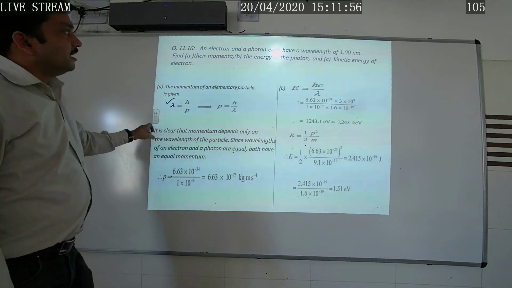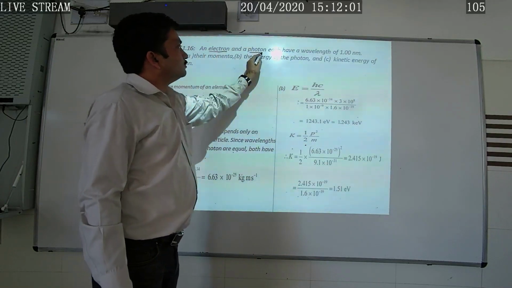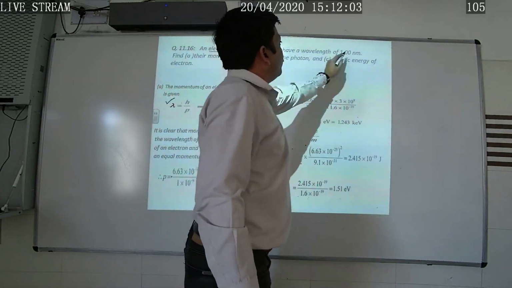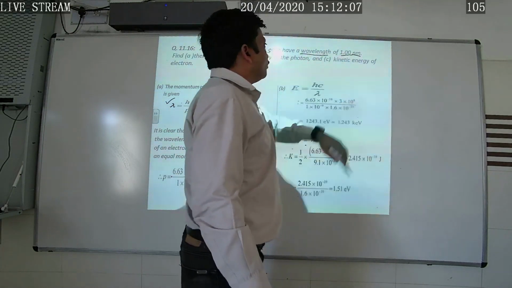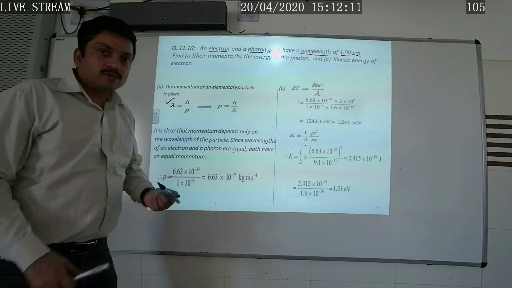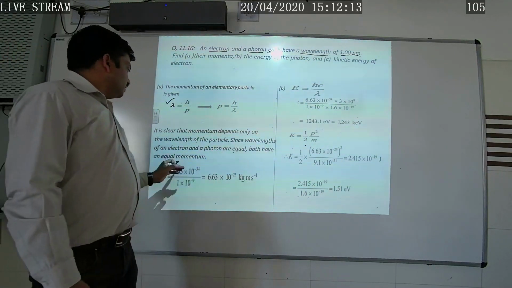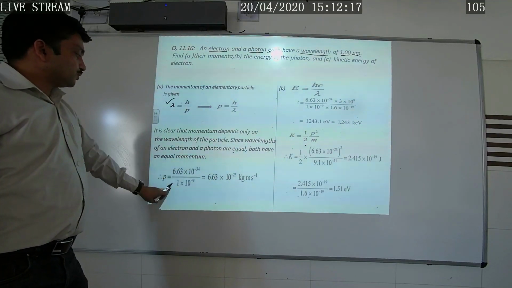Now, as the electron and photon each have a wavelength of 1 nanometer, if their wavelengths are equal, then their momentums will also be equal, given by p equals h by lambda.